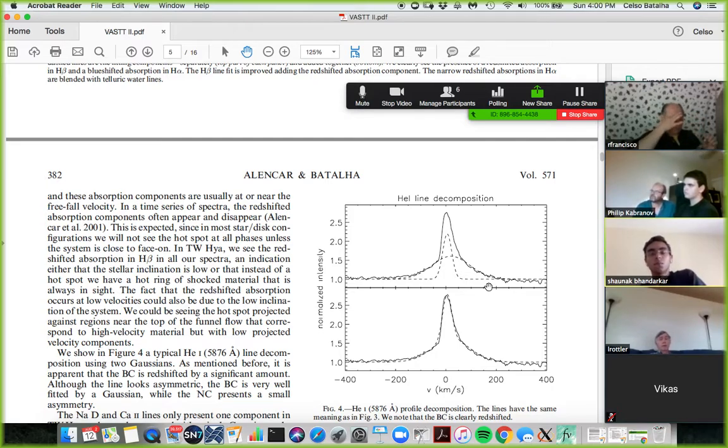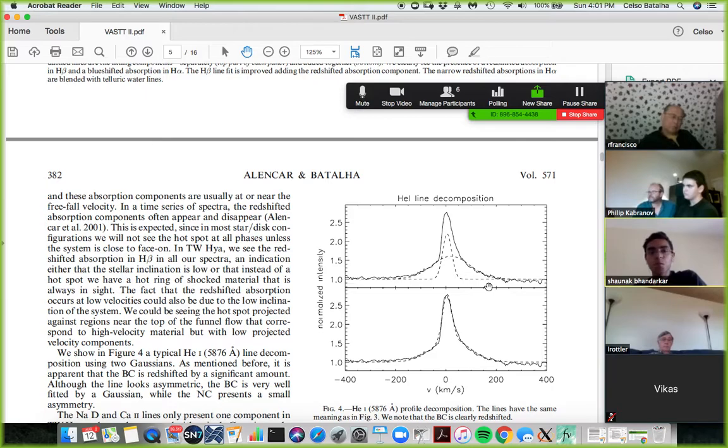This helium line is not only excited by collision, so you need to have hot, dense gas so that collision can be efficiently create all this crazy emission, but helium can also be excited by radiation. So if you have a UV flux or a strong ultraviolet radiation with all these hot spots, certainly you can have that.